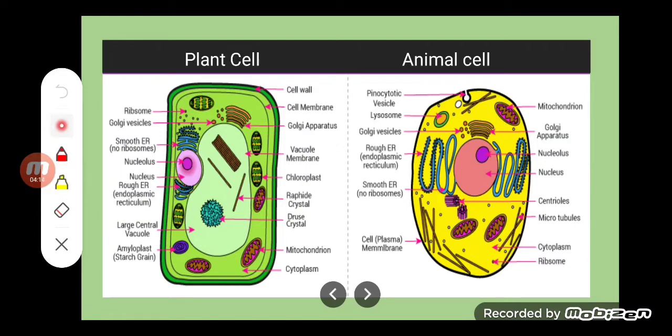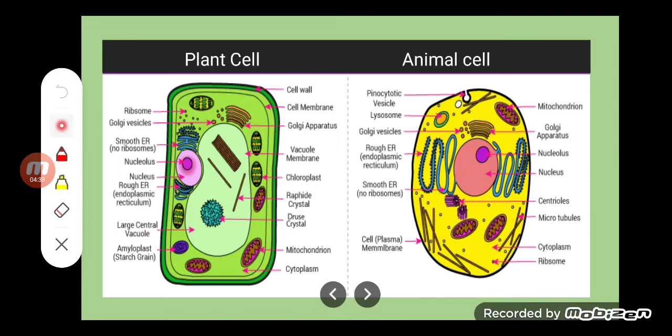So these are a few of the differences between the animal cell and plant cell. And whatever food materials are reserved in animal cell are in the form of glycogen, whereas the food materials reserved by the plant cell are in the form of starch.